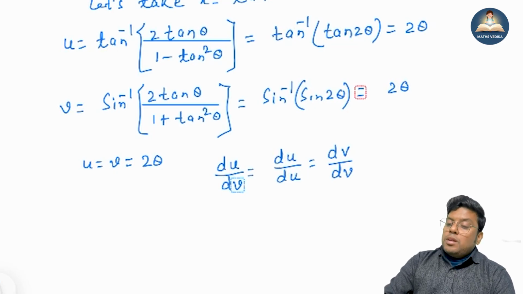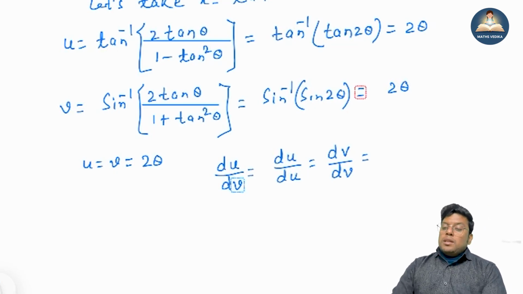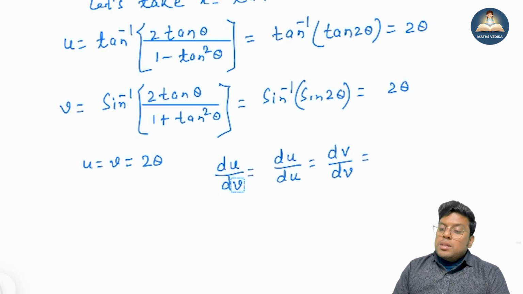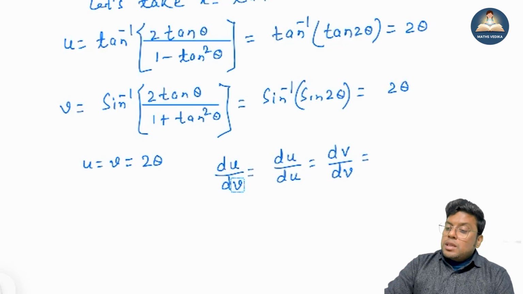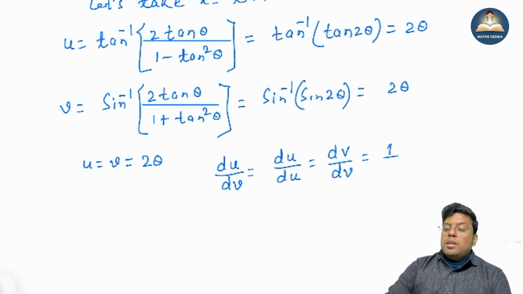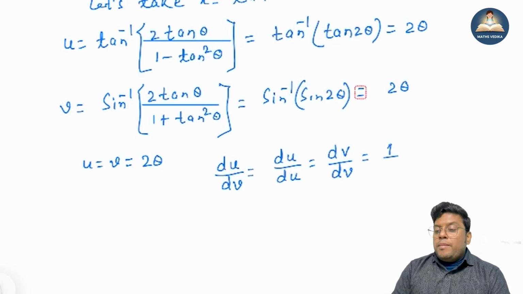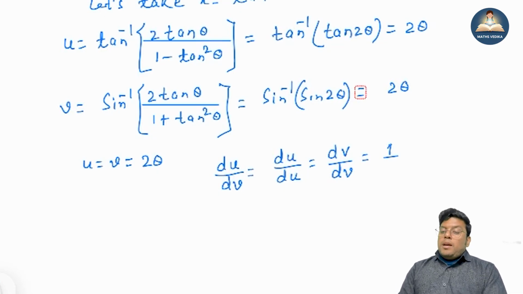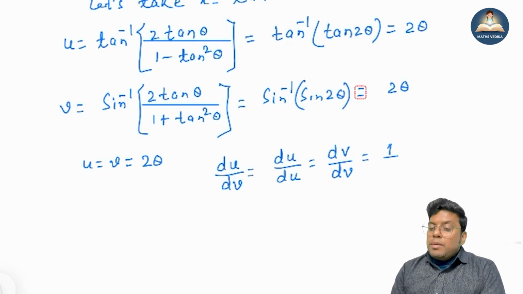Okay, so differentiating the first function with respect to the second, where first and second functions are same, the differentiation will be 1. This is similar to differentiating x with respect to x itself, or differentiating y with respect to y itself. So the value of this type of differentiation will be 1.